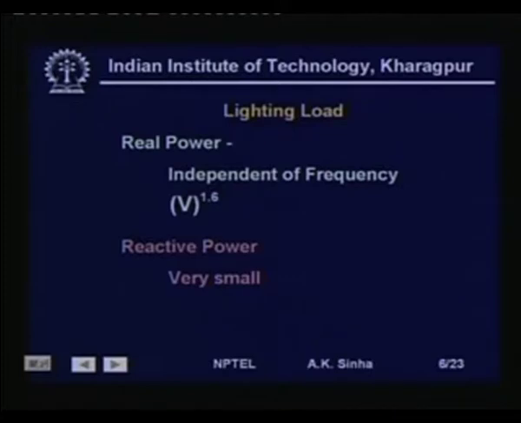Now, if we look at the lighting load, the real power for these loads is basically independent of frequency. That is, change in frequency does not affect the real power drawn by these loads, whereas a change in voltage does affect them considerably.